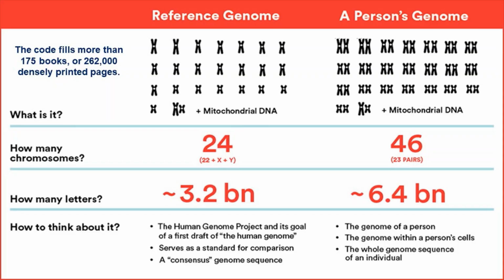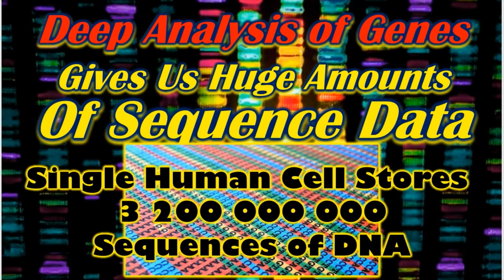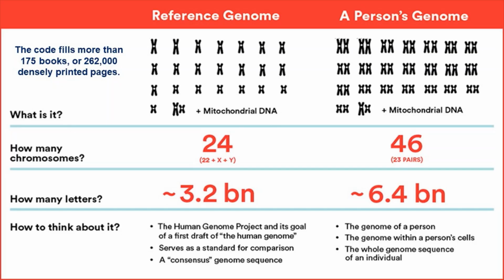For example, what you're seeing on the screen is the chromosomes, and a deep analysis of these genes gives us a huge amount of sequence data, and this is enormous. For example, a single human cell stores 3.2 billion sequences, and this amount of sequences is humongous.